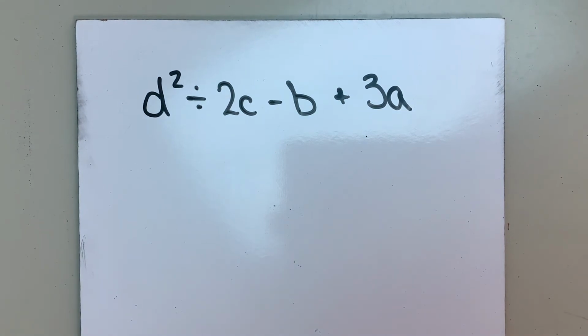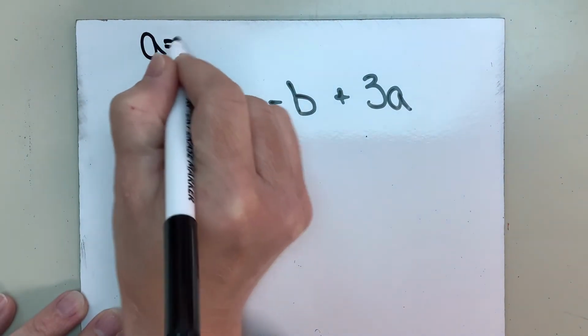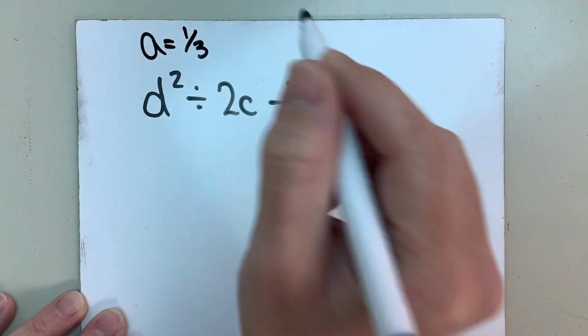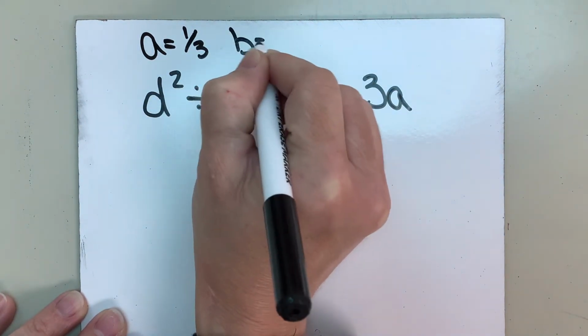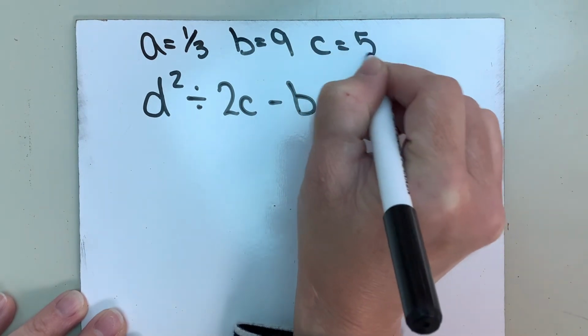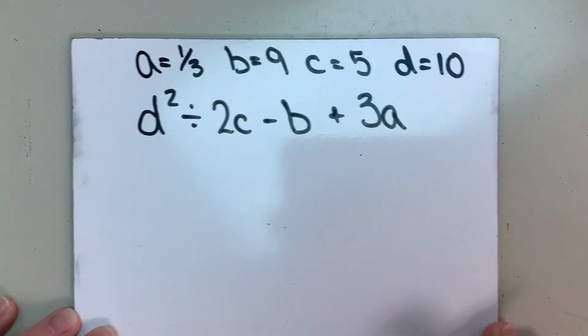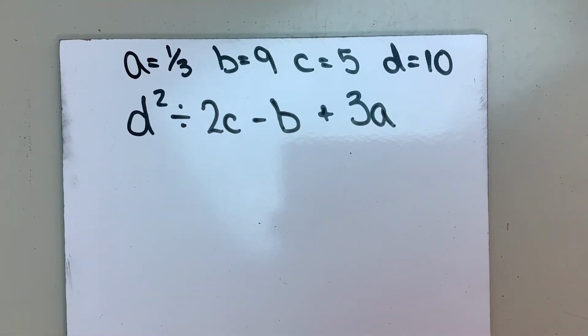But what I'm going to ask, or what has been asked, is that we would take an a value of 1/3, a b value of 9, a c value of 5, and a d value of 10. And what we're going to do is we're going to plug it in. And again, the Glade commercial, plug it in, and many of the kids will sing it for you now.